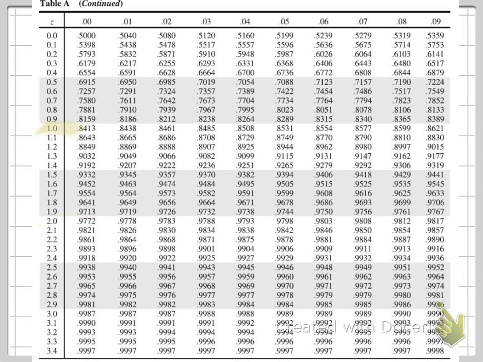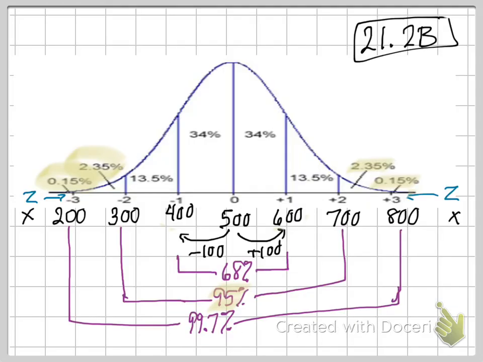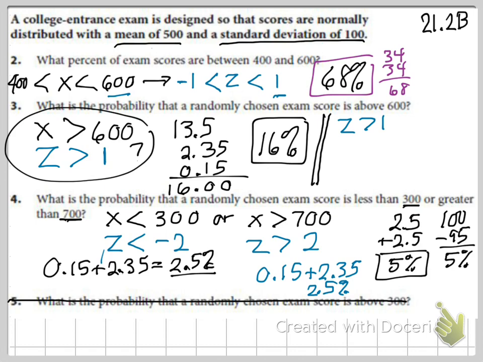It's just 1.0. 0.8413. Even if I change that into a percent, it's not even close to 16%.